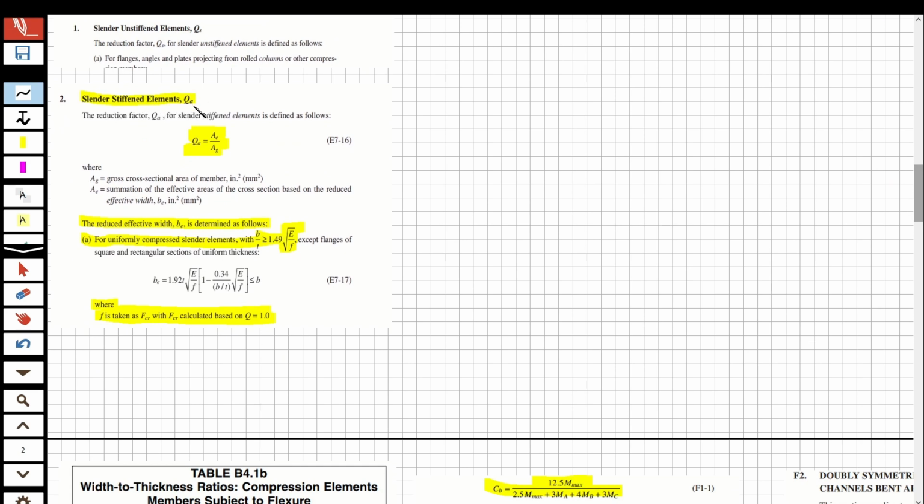We have to calculate the QA. If b over t is smaller than this value, then b is equal to be, and we use the effective area equal to the gross cross-sectional area. So the value of QA is going to be 1. But if it is not, we are going to calculate from here.